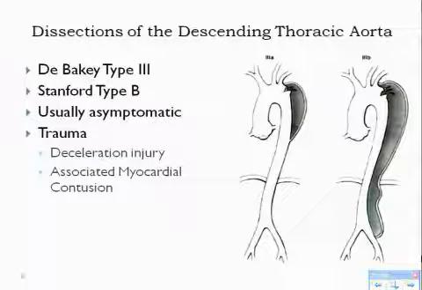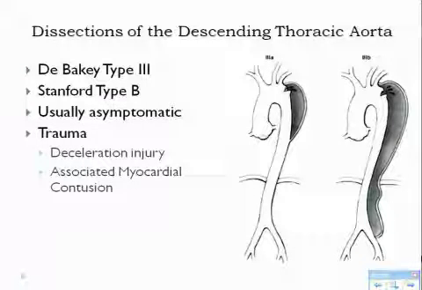But usually the person is a little bit asymptomatic sometimes. The other thing you also have associated with it is myocardial contusions. Once the dissection starts getting big enough, it goes from asymptomatic to slightly symptomatic, where the person starts having some back discomfort. And then when it gets really, really bad, it'll get to full-blown back pain, but that's usually right before they rupture. So patients usually start complaining of severe pain right before they rupture.